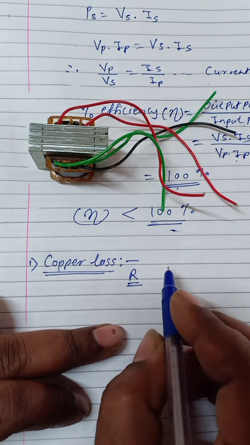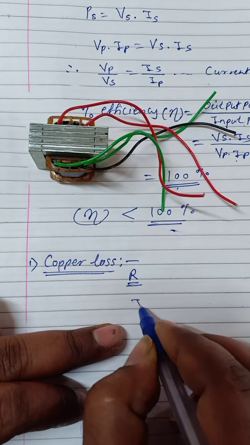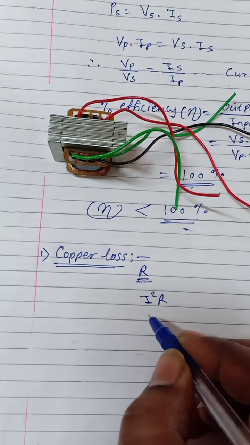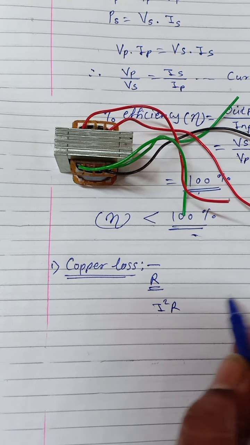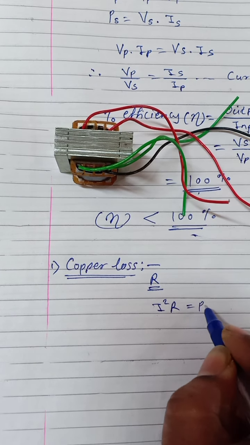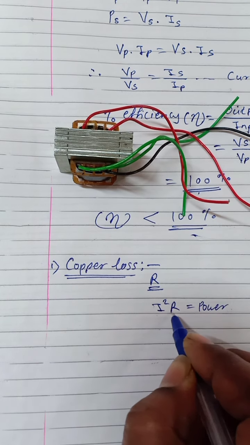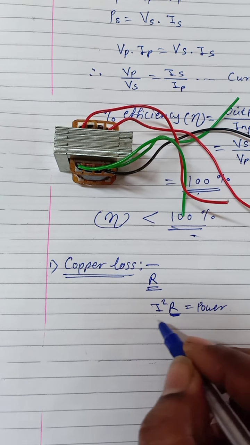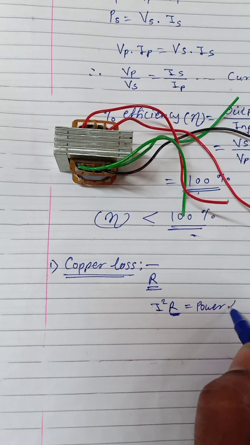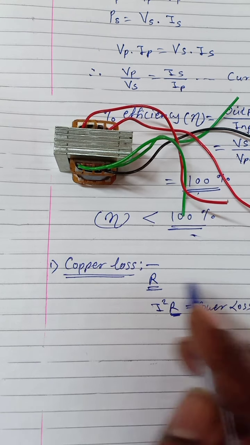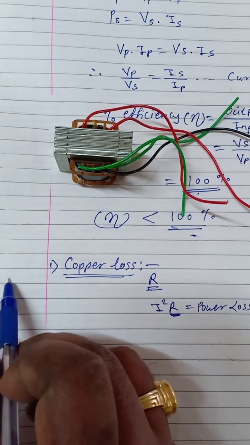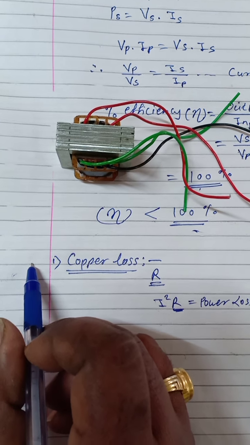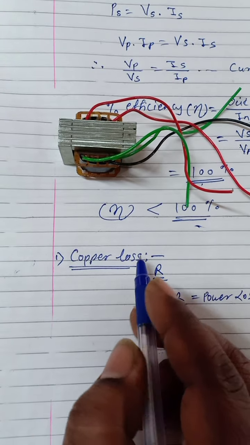As the resistance is R, the current flows through the winding of this transformer and we get I square R power loss. So I square R is energy or power. Because of the resistance of the copper wire, there is I square R power loss in the transformer. This loss is known as copper loss.